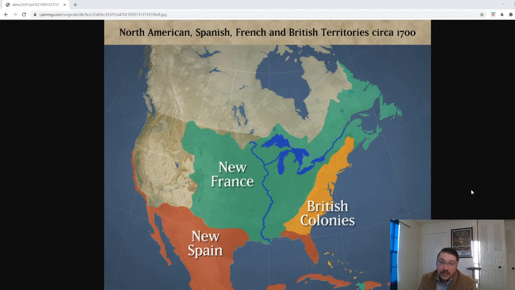But these were also very sparsely populated outside of the St. Lawrence River Valley, which is right in this area, right here. And really the only major settlements that were there at the time of the 7 Years' War was Quebec City, which is somewhere up in here, and Montreal, or Montreal, as we Americans know it, right?